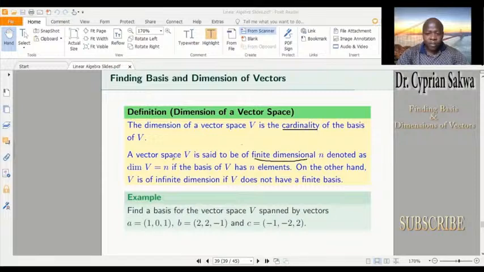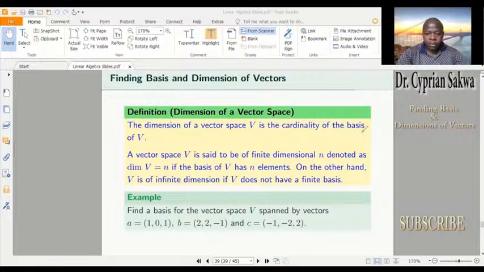That means if the dimension of the vector space is n, then the vector space will be finite dimensional. In other words, the basis of this vector space has n elements. Now, the vector space will be said to be infinite dimensional if its basis has an infinite number of elements.